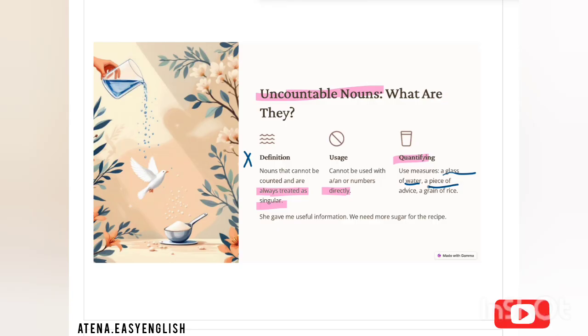Okay, and now here, look at the examples. She gave me useful information. Here we have information. Information is uncountable. You cannot say informations. So she gave me useful information. No a or an or numbers.